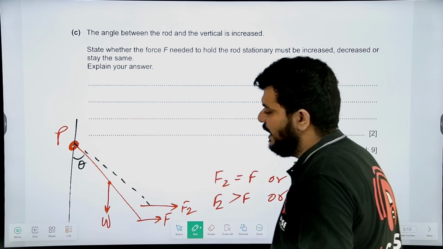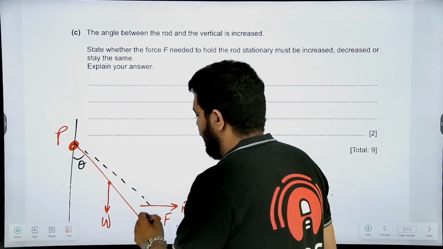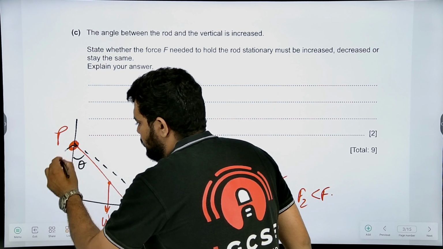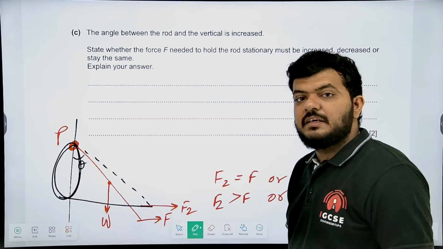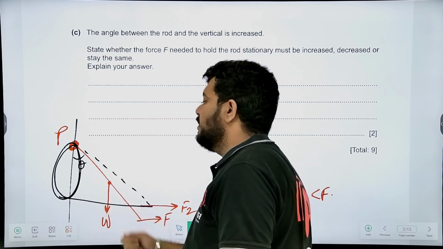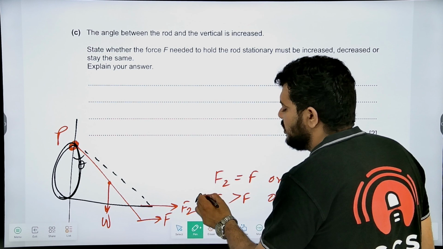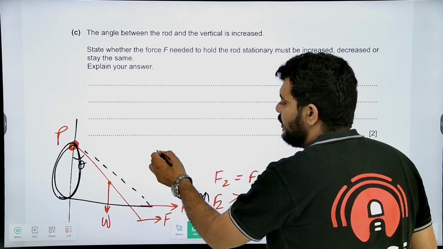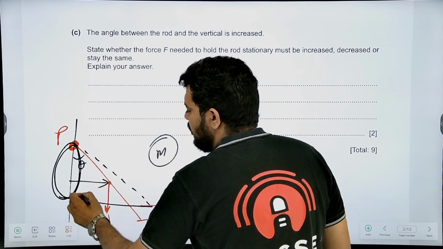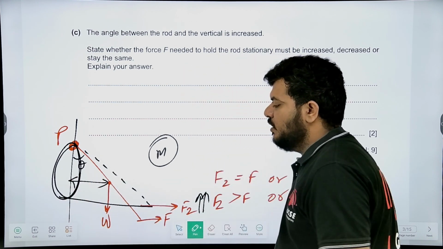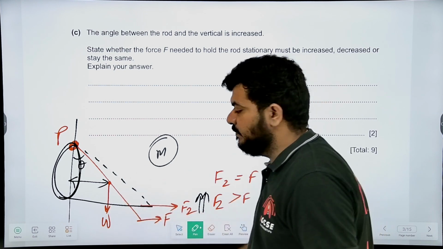To understand that, we want to keep the rod stationary. Now what has happened? The perpendicular distance from the pivot has decreased. If the perpendicular distance from the pivot has decreased, then a greater force is required, because the moment is still the same. Actually, if you think about it, the perpendicular distance of the weight is increasing.